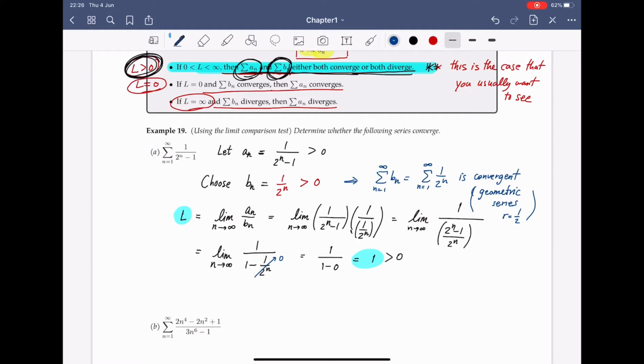That means summation of a_n and summation of b_n are both convergent.